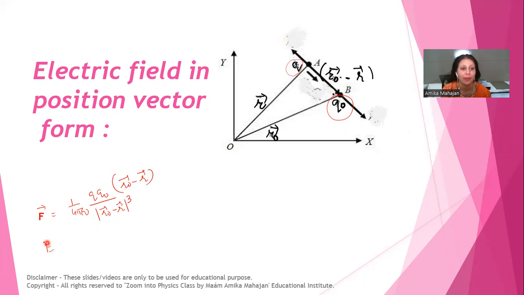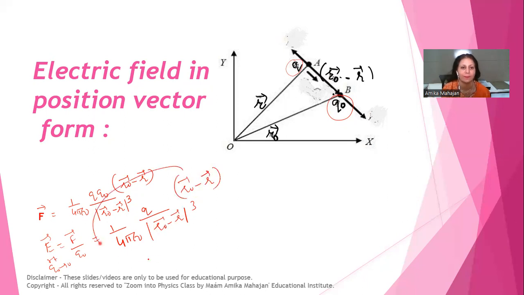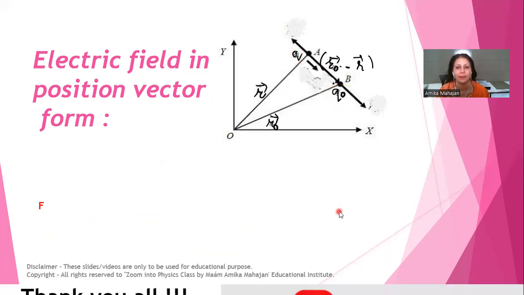But because I have to write electric field, it will be force per unit test charge. Test charge should be vanishingly small. Then this Q naught will cancel with this Q naught, and electric field in position vector form will be 1 by 4 pi epsilon naught Q upon magnitude of R naught minus R cubed, times R naught minus R vector. So in this way, we can express electric field in vector form.